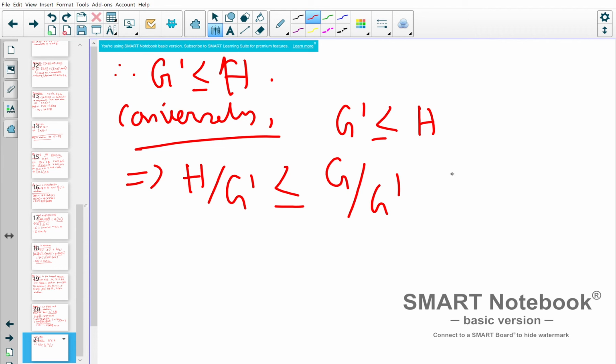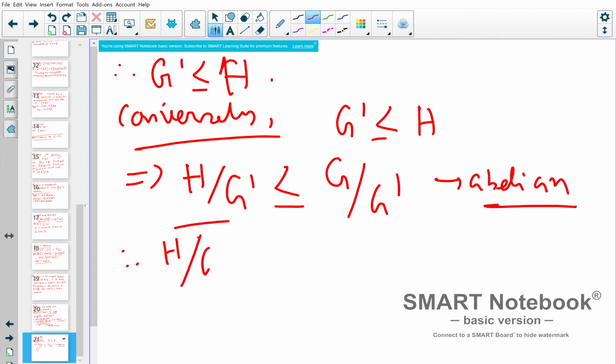But G mod G dash is always abelian. This is already proved in the last theorem. And H mod G dash is a subgroup of an abelian group, and thus H mod G dash is also abelian, and also normal, right? Because every subgroup of an abelian group is abelian, right? Okay, done. So what does that mean? That means you have a subgroup which is normal inside G mod G dash.